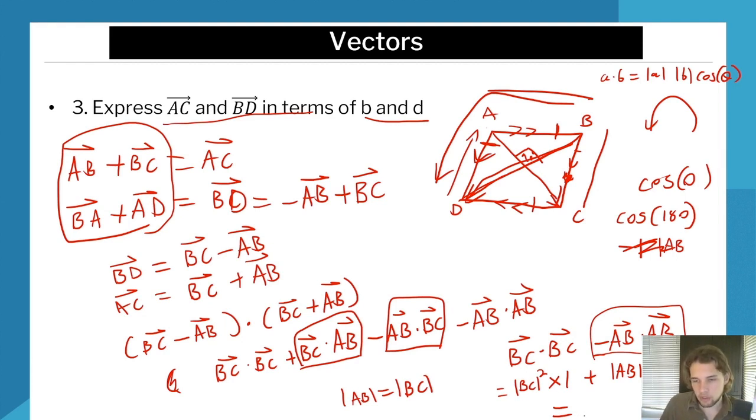Based on that, all we're doing is BC squared minus AB squared, which equals 0. So the dot product equals 0 because the magnitudes of all these sides are the same. Therefore, we've completed our proof. If the dot product is 0, then the angle between these two lines must be 90 degrees.